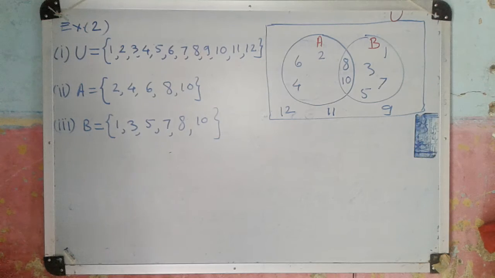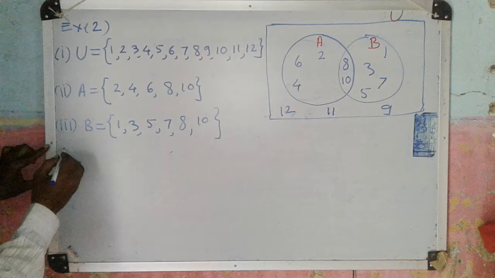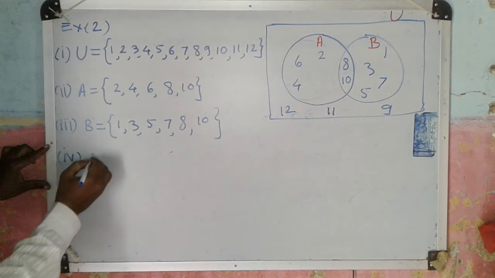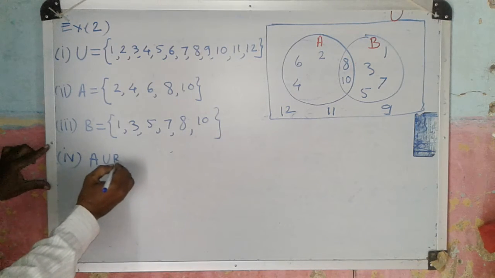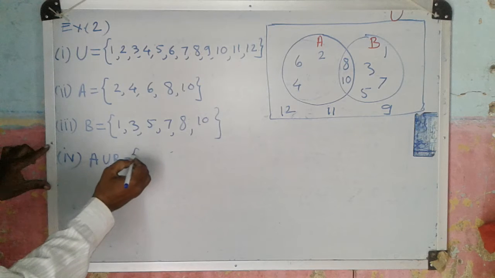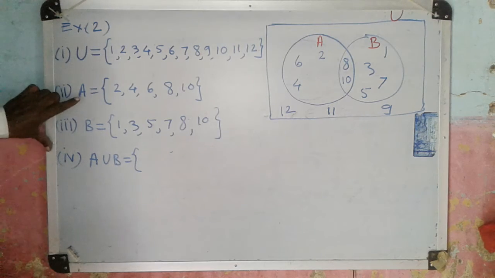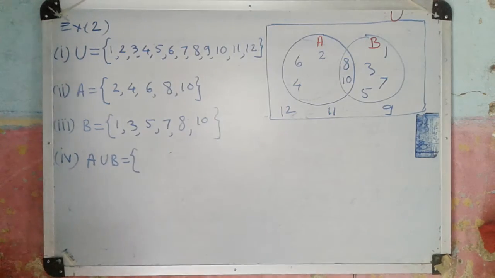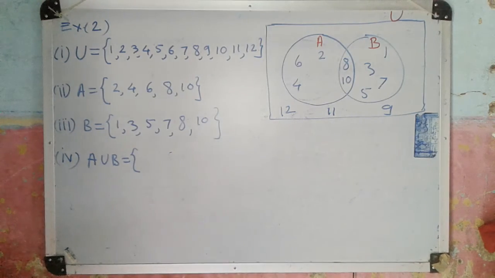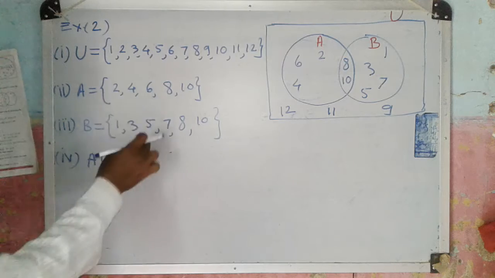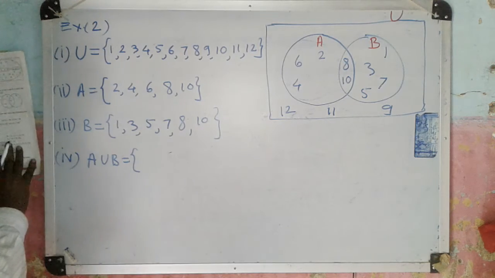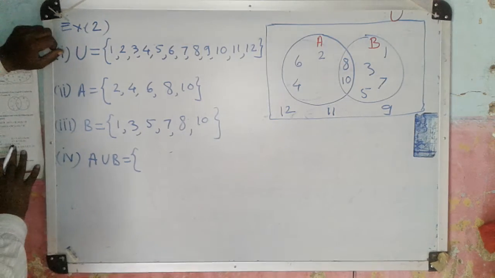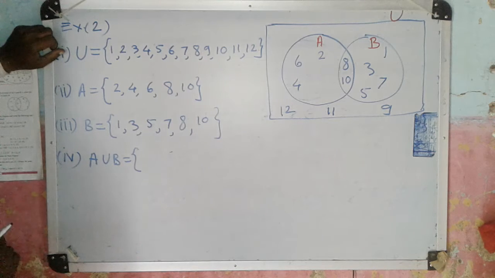Now the fourth is A union B. So the elements of A and B together make A union B. All these elements we have to write here together, but there is no repetition of elements.